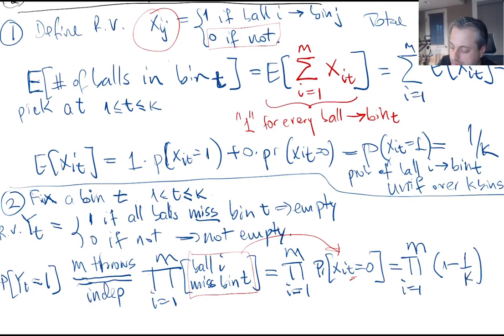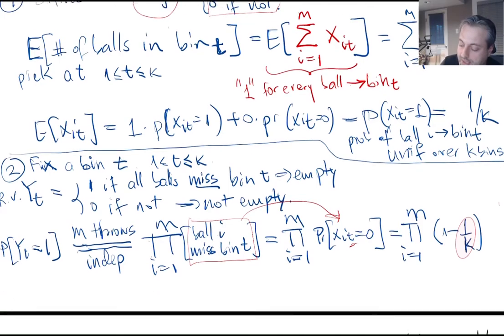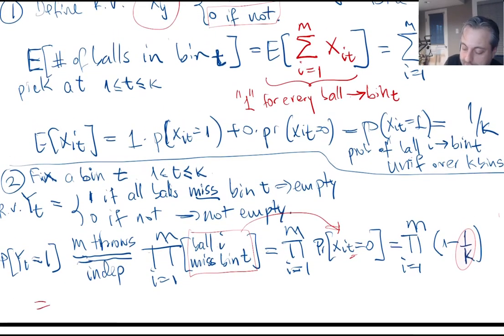Because the probability of getting to bin t is 1 over k, but we want to avoid bin t, so it's 1 minus that. And of course this product will then be 1 minus 1 over k, to the power m.